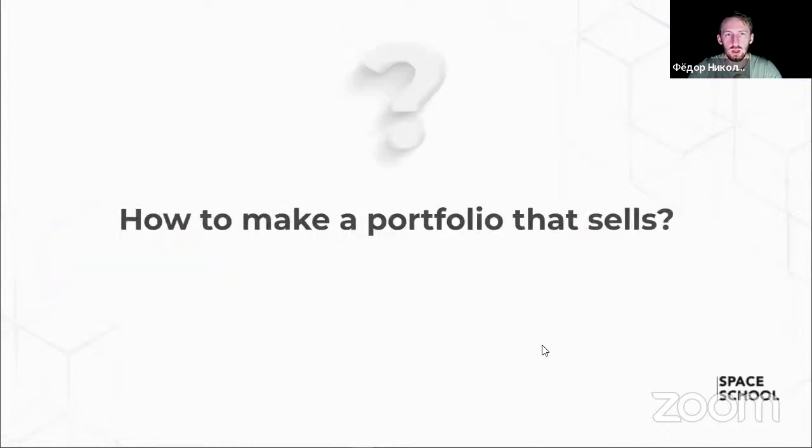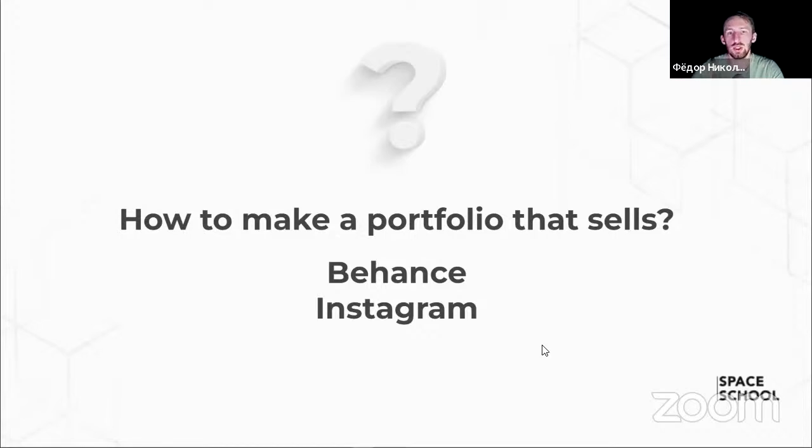Okay, guys, so let's move on. I think this is it with this topic. And a small piece of advice on how to make a portfolio that sells. Again, all you need to do is make sure that you have a good portfolio. Actually, even one project would be enough. And all you have to do is to just arrange it on Behance and on Instagram. That's the first thing that you have to do, if you don't have it, just go and do it.